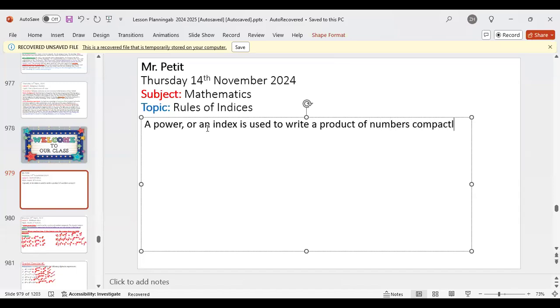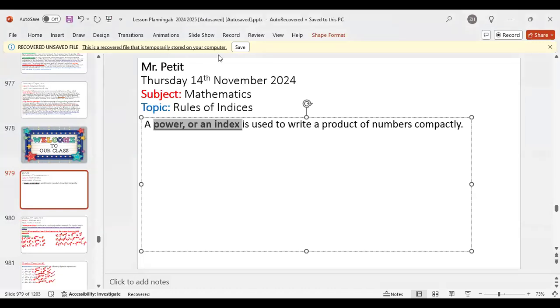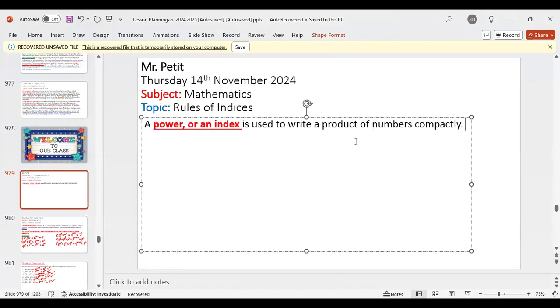When we say compactly, we mean succinctly. A power or index is used to write a product of numbers compactly or succinctly.